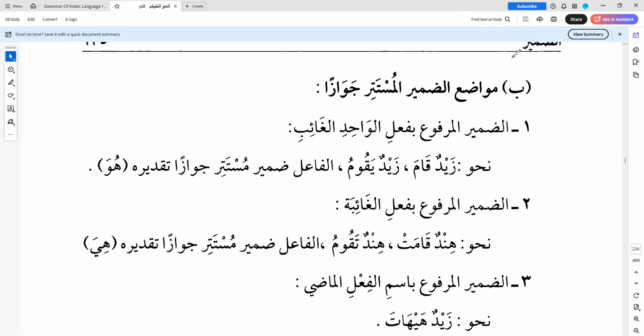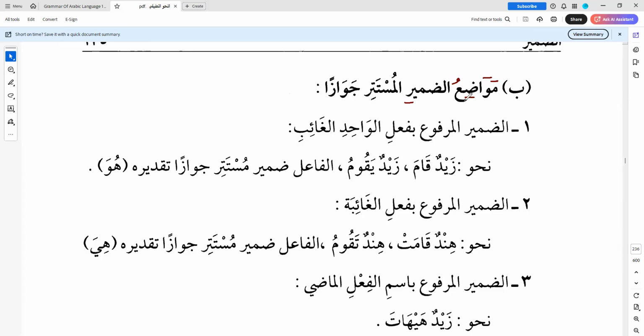Today we are looking at lesson point number ba, مواضع الضمير المستتر جوازا. Remember we said ضمير مستتر can be either جوازا or وجوبا. And we have already discussed the wujuban part.